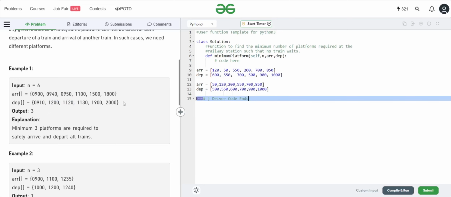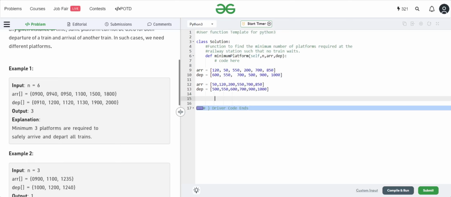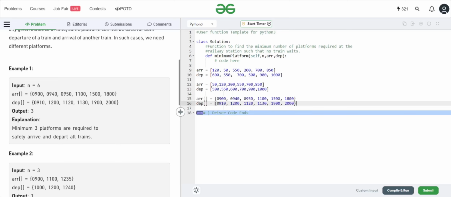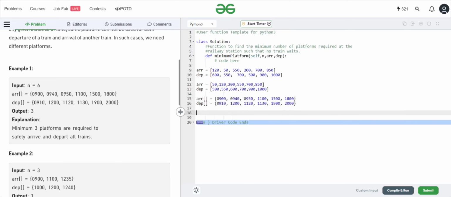So when we have this example, let's take the whole thing. Now, let's say we have platform number one.